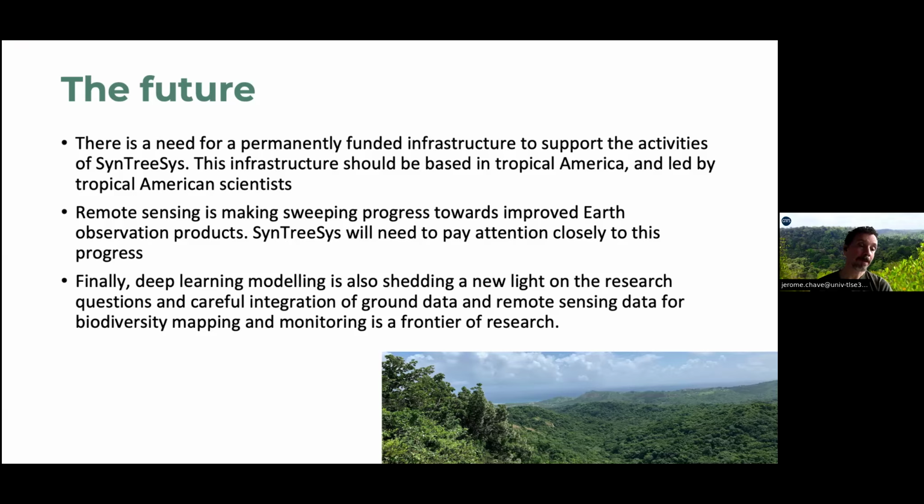Now, another very important point is that remote sensing has been instrumental already in spatializing the data that we've acquired, but it's also making sweeping progress toward improved Earth observation products. And we need to be aware and pay attention to this progress. Finally, of course, deep learning modeling methods are shedding a new light on the research question. It creates a lot of opportunities.